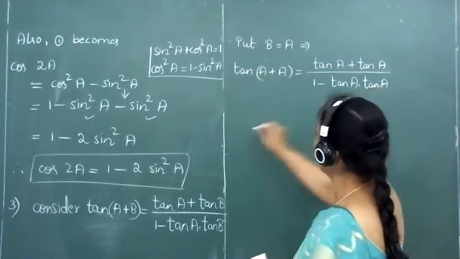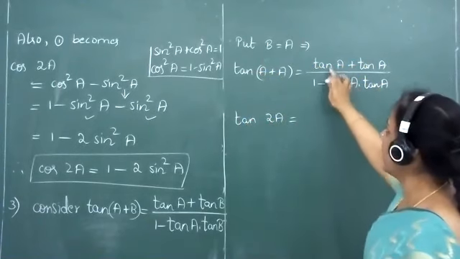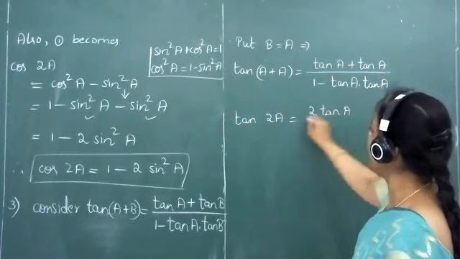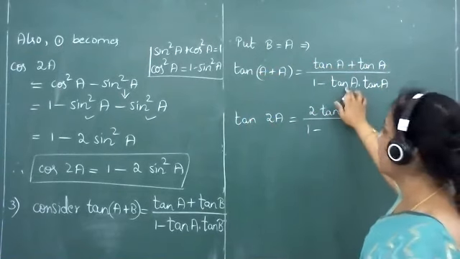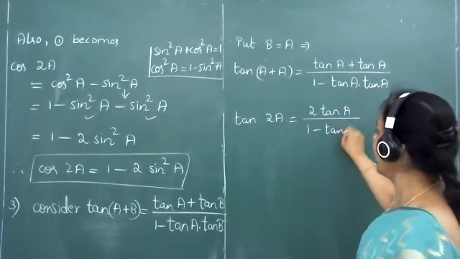So you have tan 2a, which is given by tan a plus tan a in the numerator becomes 2 tan a. Denominator will be 1 minus tan a into tan a. It will be tan squared a.